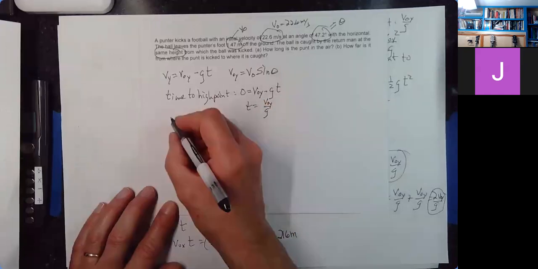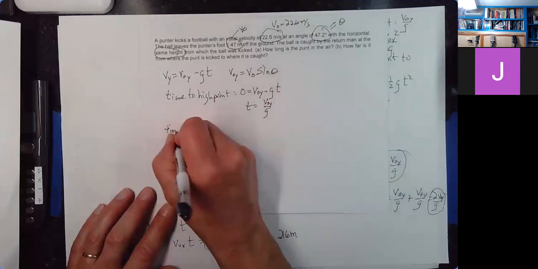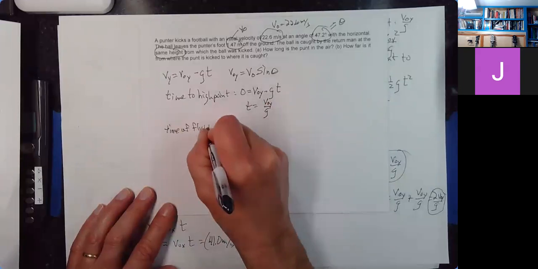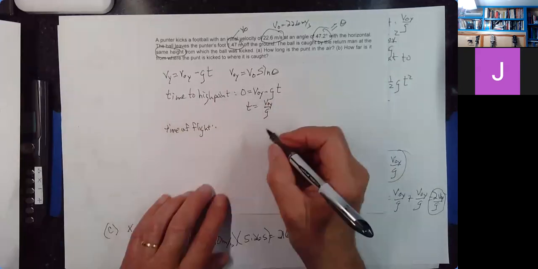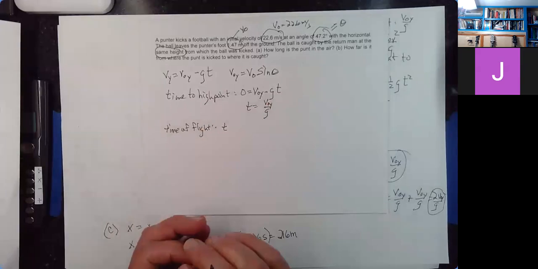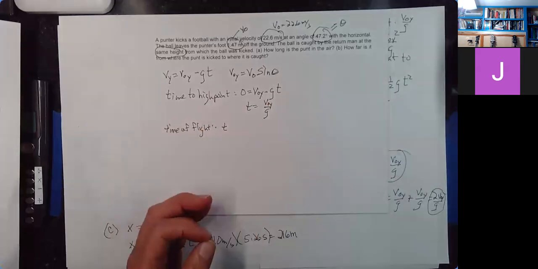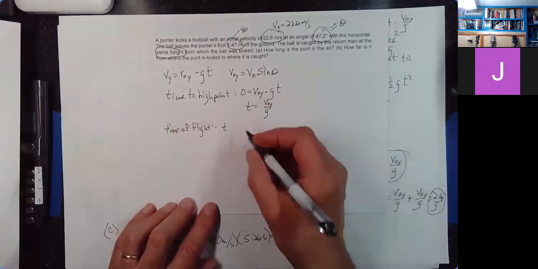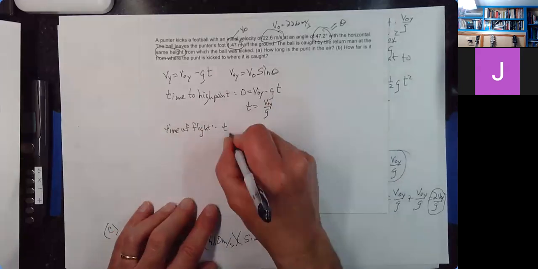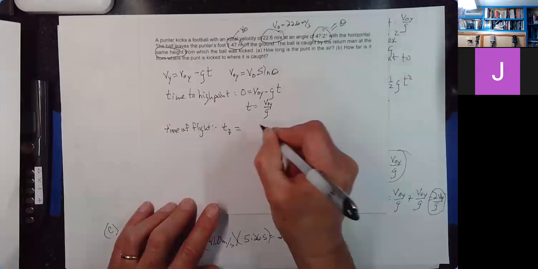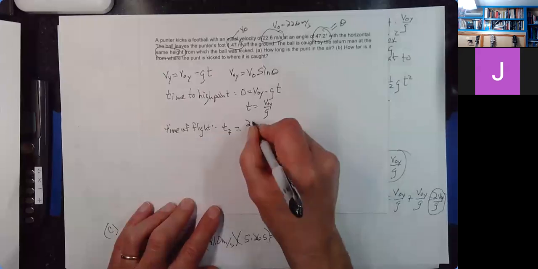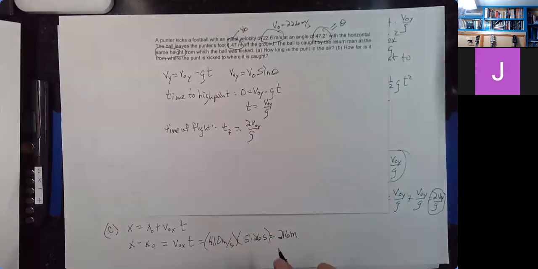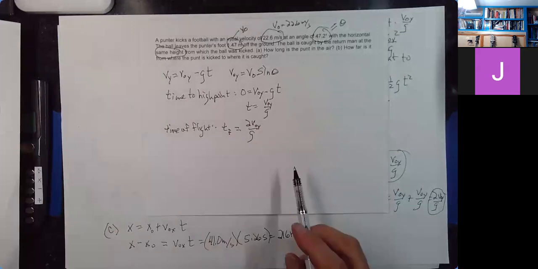Time of flight is twice that long. It spends as much time on the way down as it does on the way up. And so that's the time on the way up. Time of flight, I can call that T sub f, is equal to 2 V naught y over g. So that's the time of flight.